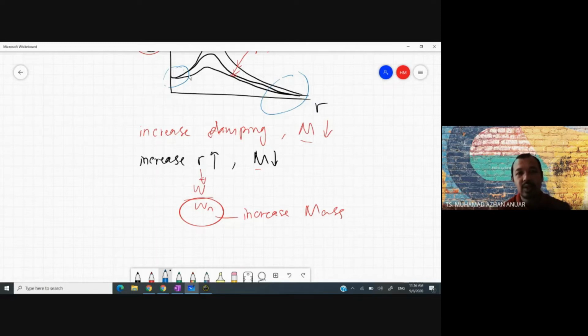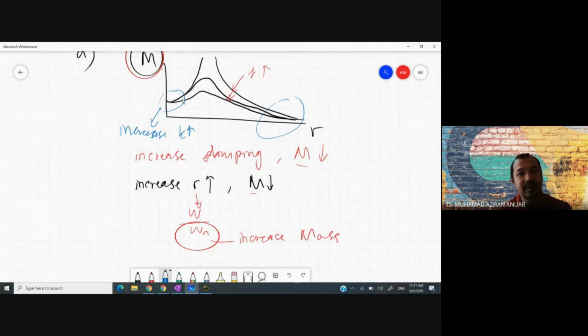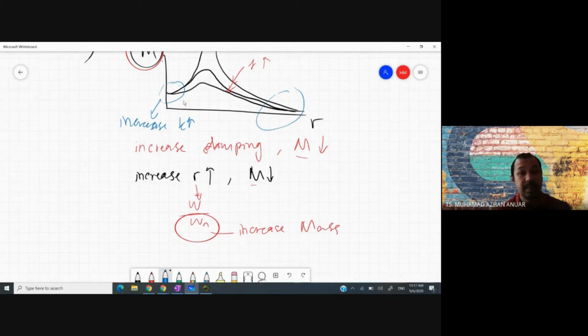In order to do that, we can increase the K in this region. If you increase the K value, you make the response or magnification factor move toward the static deflection.